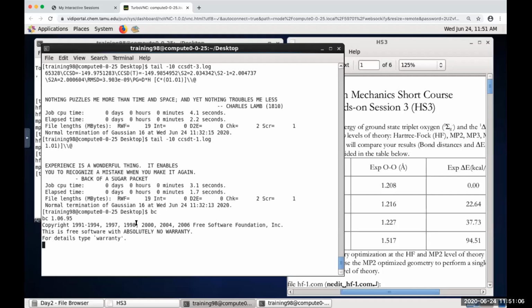Let's take a look at the other one. I didn't get enough, the quote was too big, sorry. Let me just try from the archive.